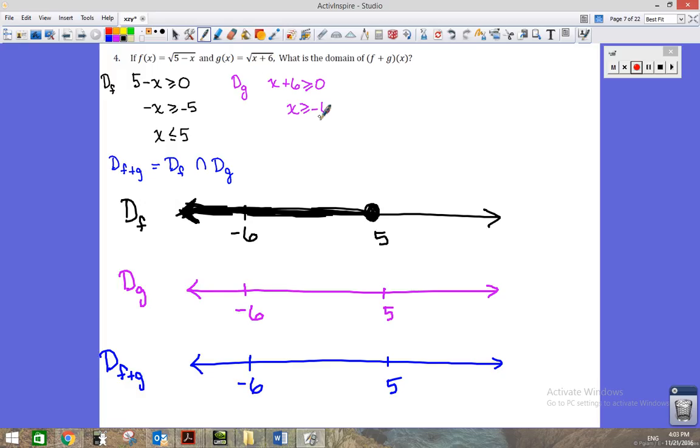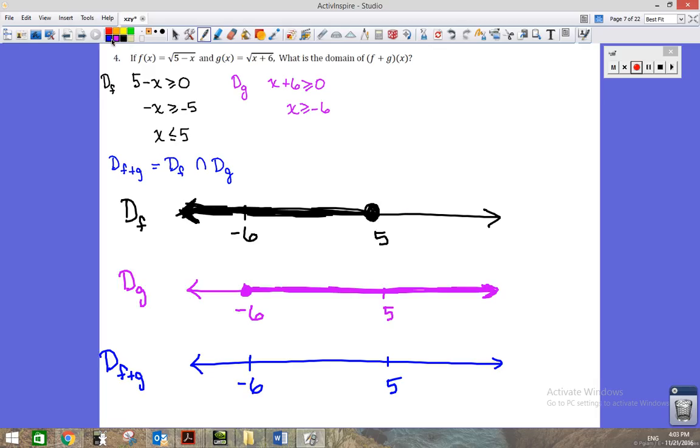Now if we go on to g, we see that x plus 6 has to be greater than or equal to 0, which means that x can be -6, but you don't want it to be any more negative than that, because then that would produce taking the square root of a negative number. We need these numbers to be to the right, bigger than -6.